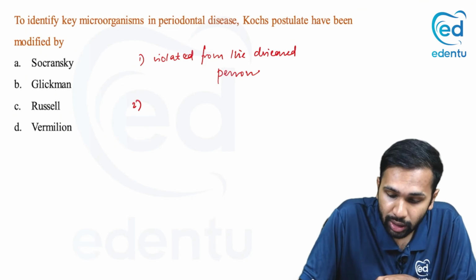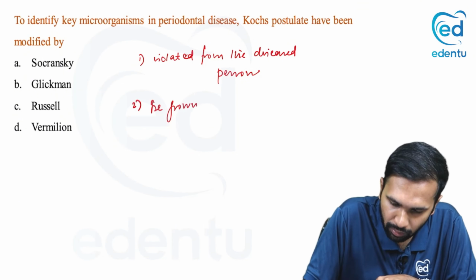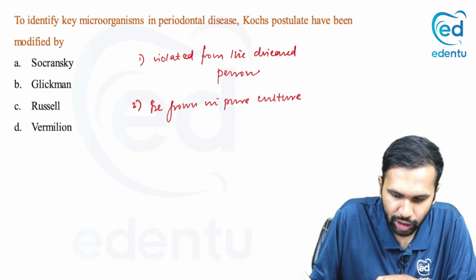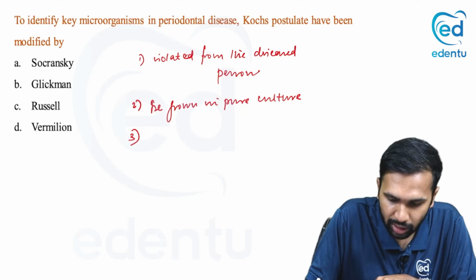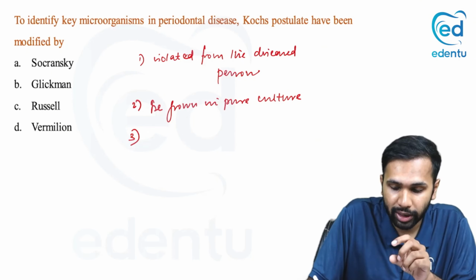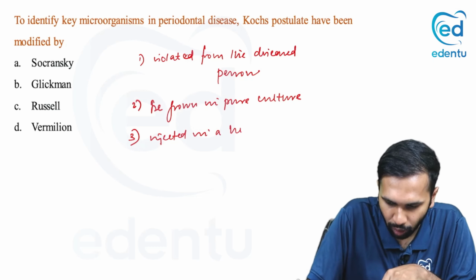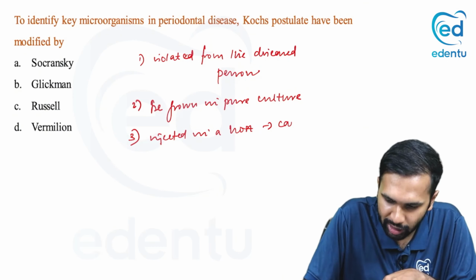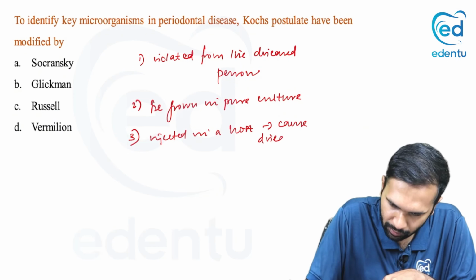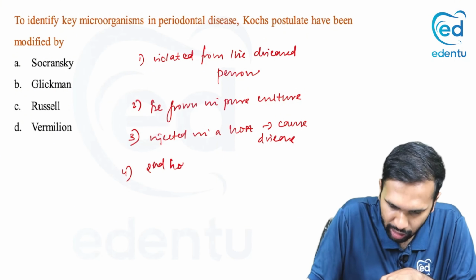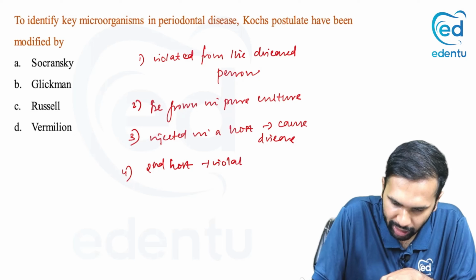It should be grown in pure culture. Number 3, these organisms, when injected or inoculated in a host, should cause the disease. And number 4, from this second host, you should also be able to isolate the organism.